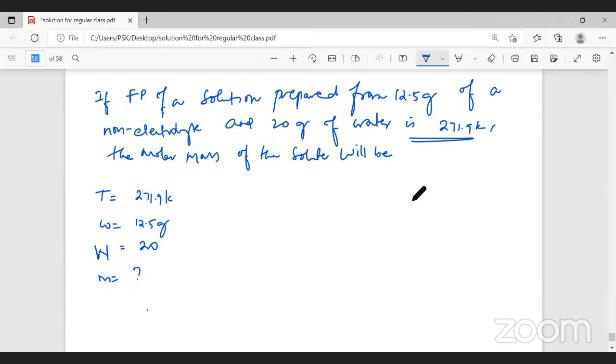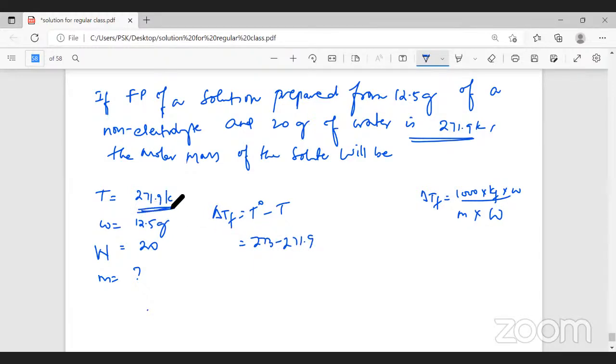In order to calculate, the formula is delta TF is equal to 1000 into Kf into W divided by M into W. Now, they have not given you delta TF. TF is the freezing point, T naught minus T. So it is 273 minus 271.9, because they have given the temperature in the Kelvin scale, so you have to convert this also into Kelvin.